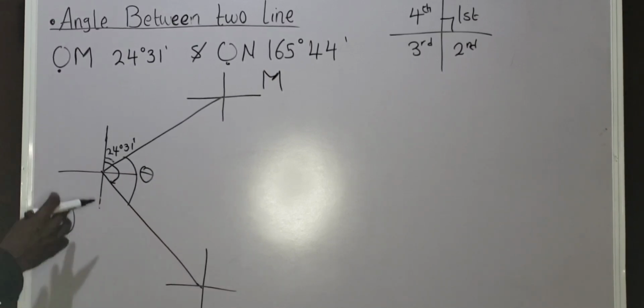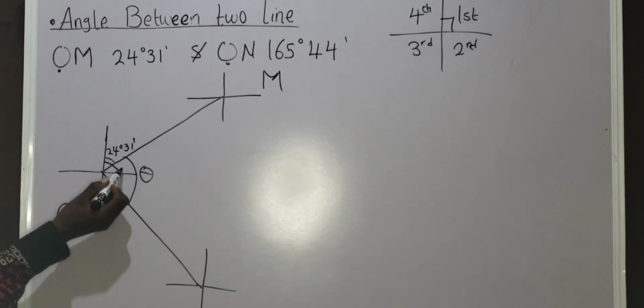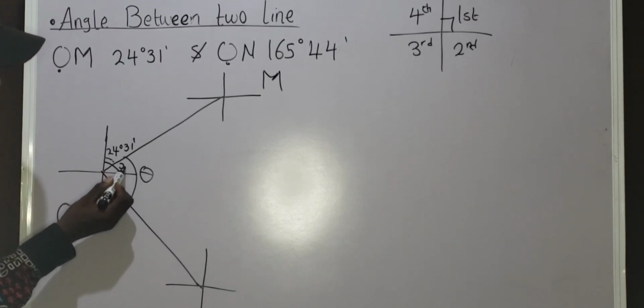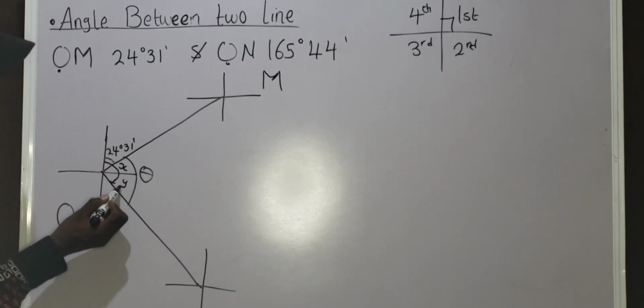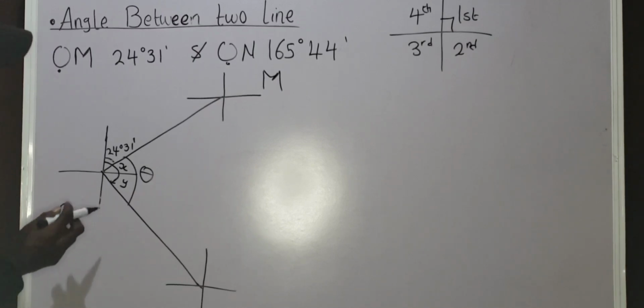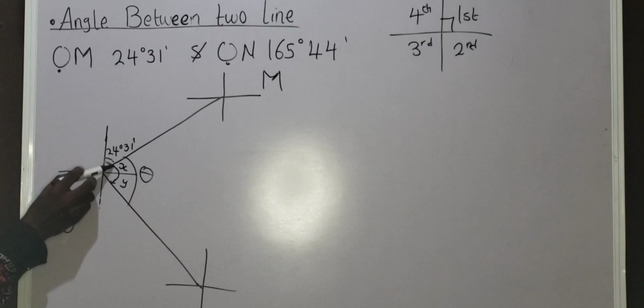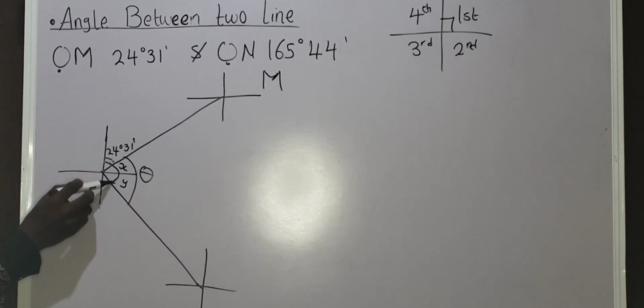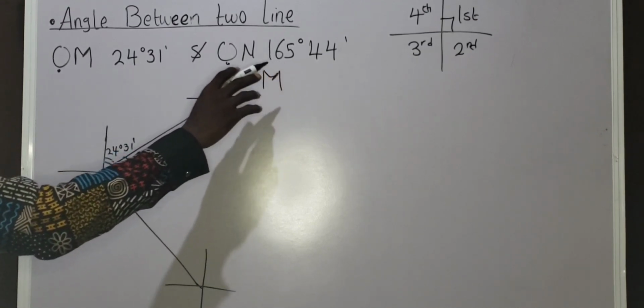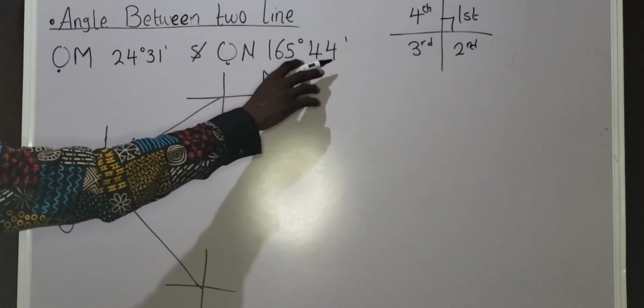Now, to determine angle theta, I have to determine this angle. Let me call this small angle X and this one angle Y. Don't forget that the bearing that comes from the north to this line is 165 degrees 44 minutes.